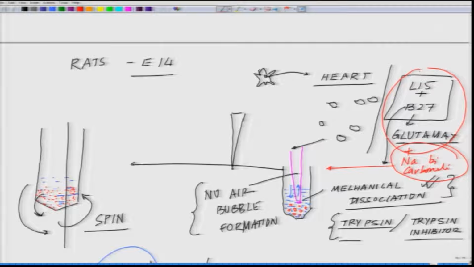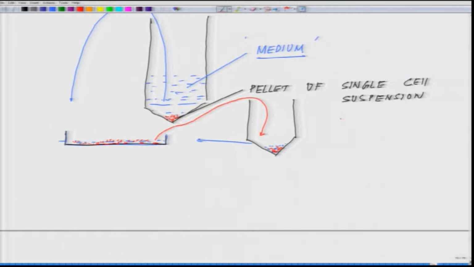So, from your dissecting medium to the plating medium, the only difference is that now you are adding sodium bicarbonate. Once you have added the sodium bicarbonate medium, I am just putting a different color. Now here you have the plating medium.